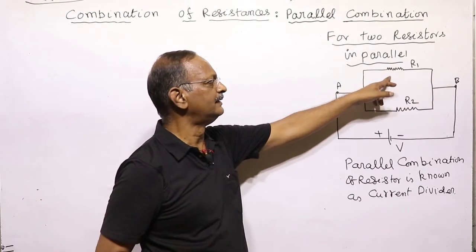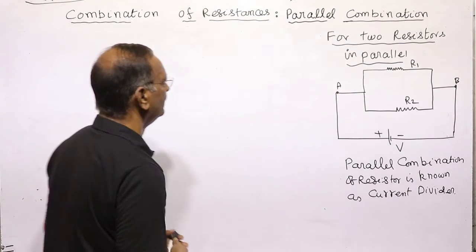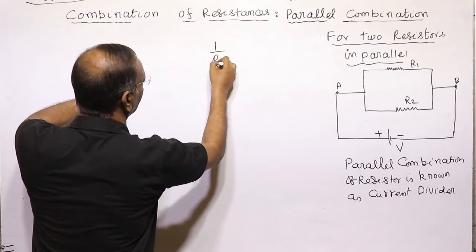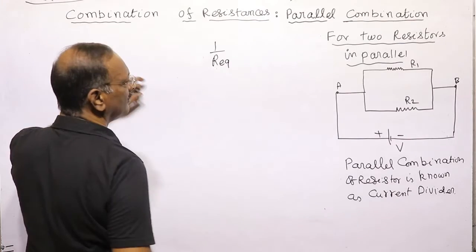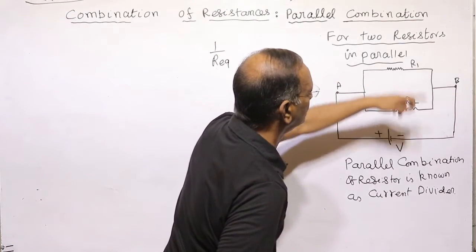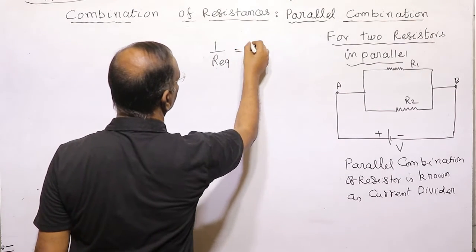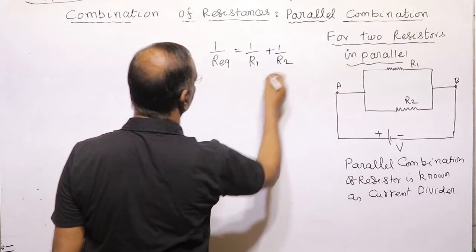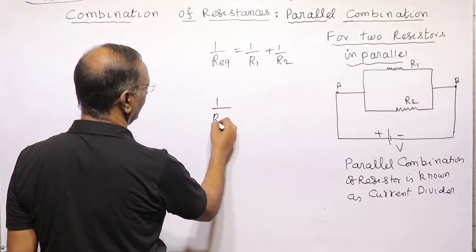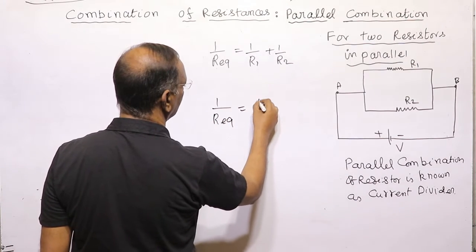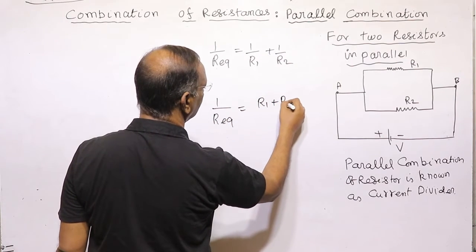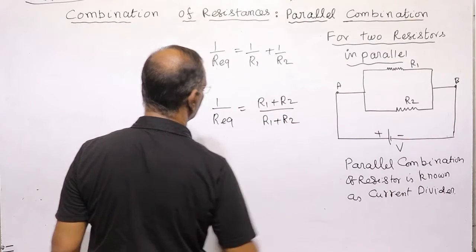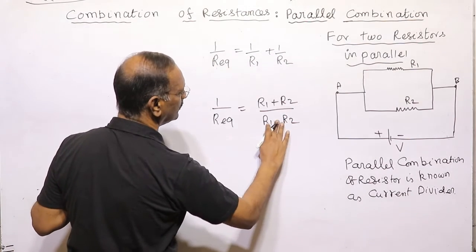Suppose we have 2 resistors in parallel combination. As we know, in parallel combination, 1 by R equivalent, where equivalent means the equivalent of both resistors connected in parallel, is equal to 1 by R1 plus 1 by R2, that is R1 plus R2 by R1 into R2.